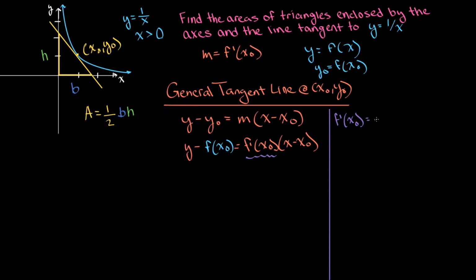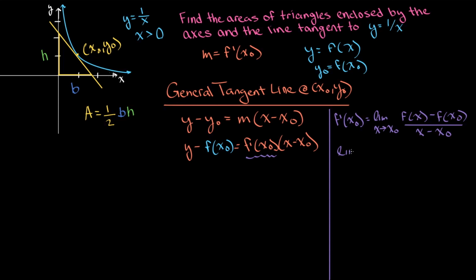So that is the limit as x goes to x naught of f of x minus f of x naught, all over x minus x naught. Again, just the definition of the derivative, and then let's apply it to our function.